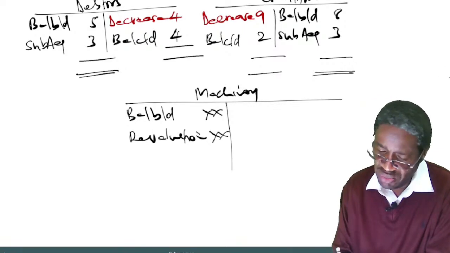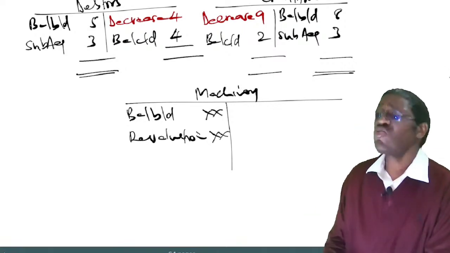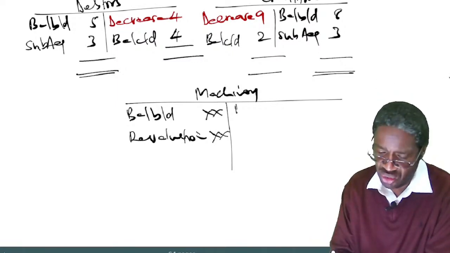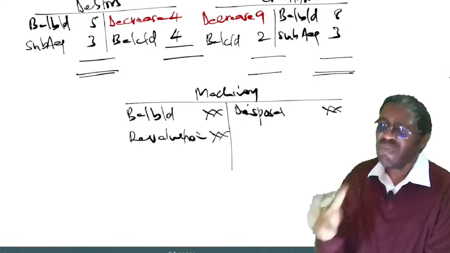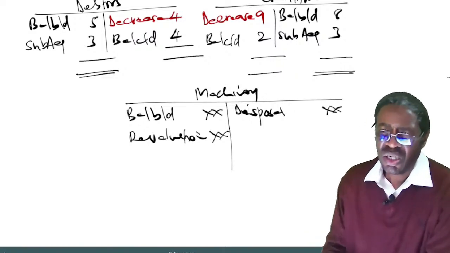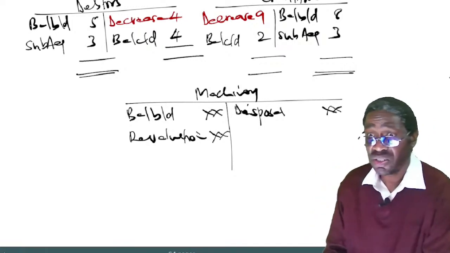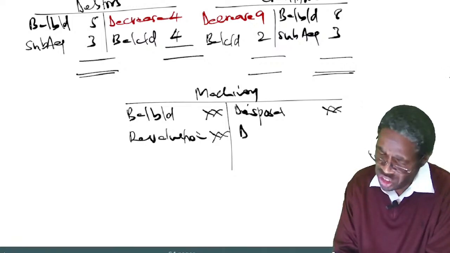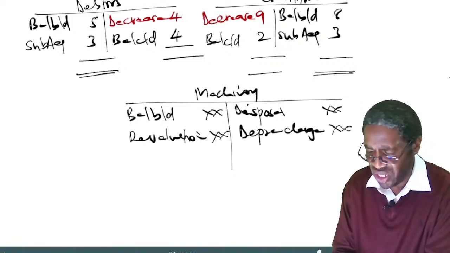During the year, maybe you disposed of one of the machineries. As a company, you sold one of the machineries, so you remove it. Disposal, whatever it is. Maybe during the year, your machinery lost some value through depreciation. If it lost some value, you reduce the value of the machinery. Of course, the depreciation charge reduces the value of the machinery.